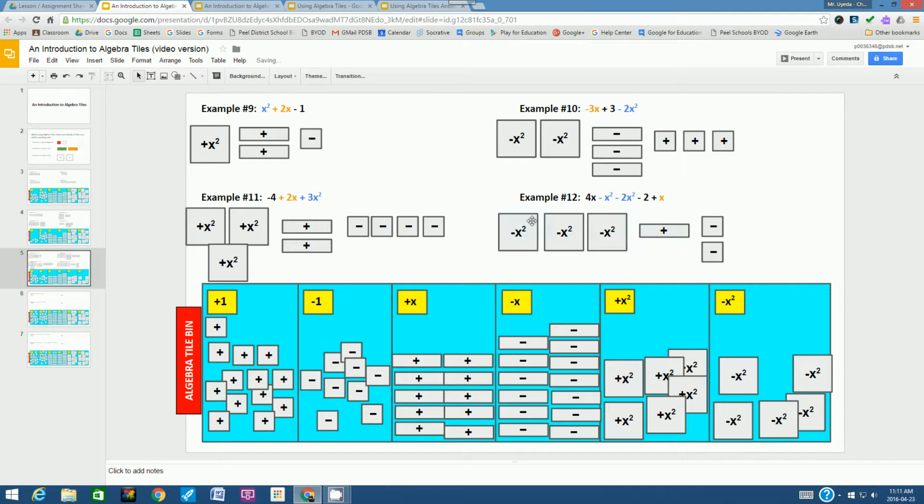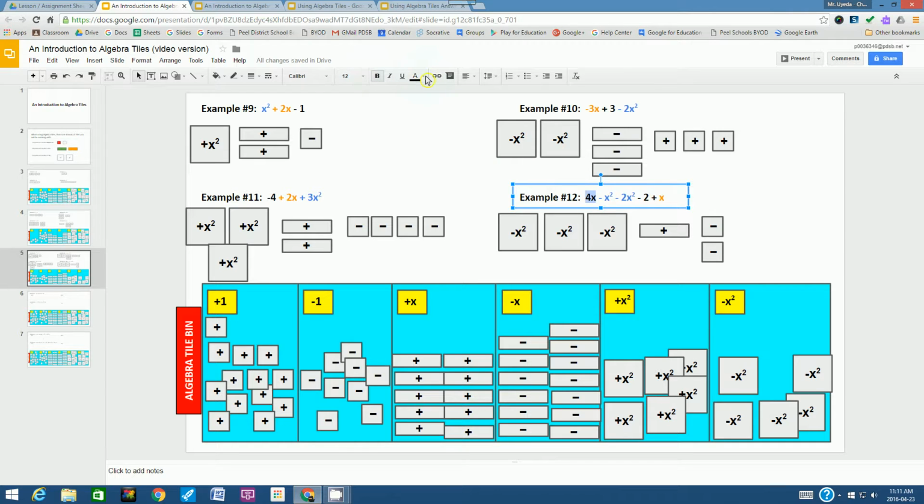Okay, so this is the algebraic tile solution for the algebraic expression 4x minus x squared minus 2x squared minus 2 plus x. Oh, actually, I forgot something here.